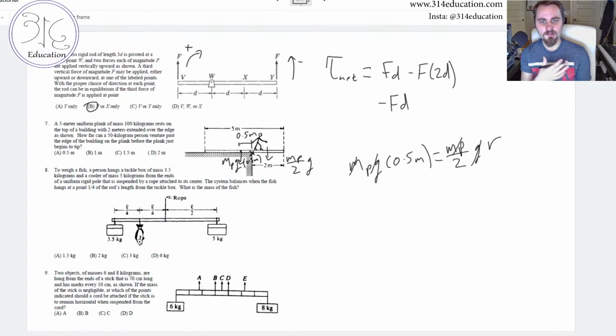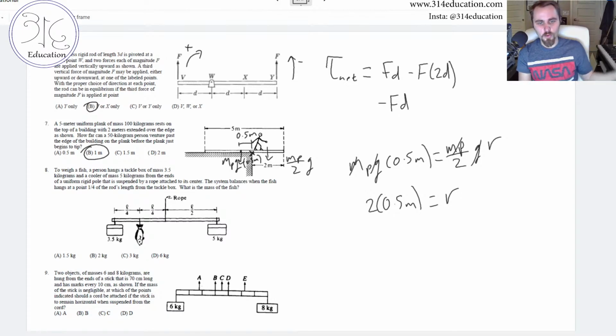As our mass is doubled for the first torque, for a mass of half that magnitude to induce the same amount of torque, it has to be twice as far away. So 2 times 0.5 meters is equal to our r. 2 times 0.5 is just 1. And so that's going to be option B here. Cool, cool. Any questions on that?